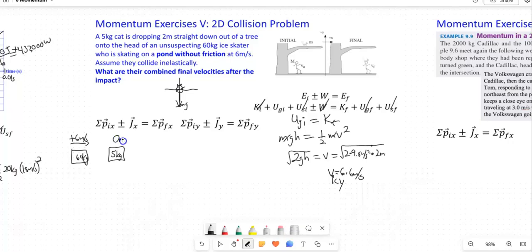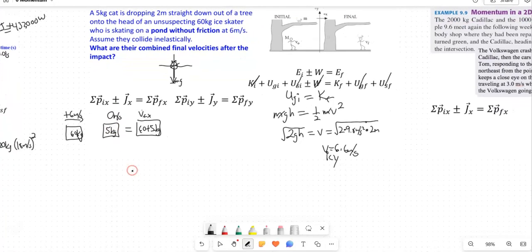So that is 0 meters per second. Now after they hit, they're going to combine masses, which is going to be 65 kilograms, traveling at some final velocity in the x direction. So for both objects.